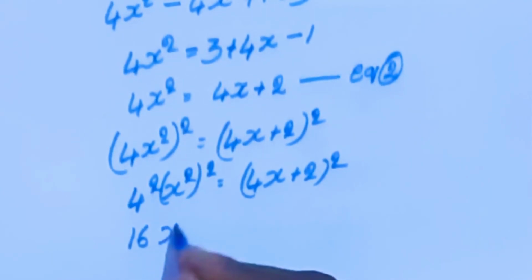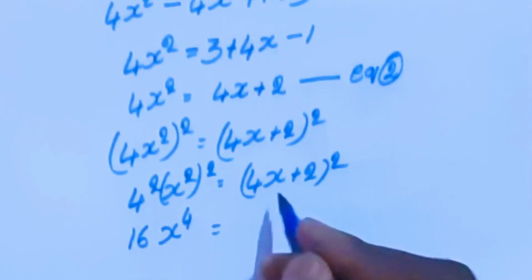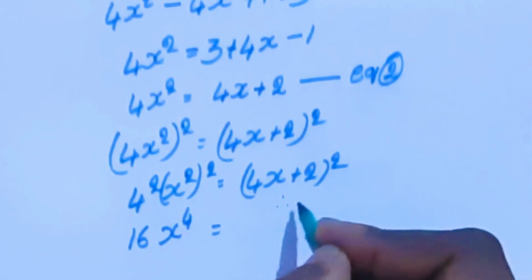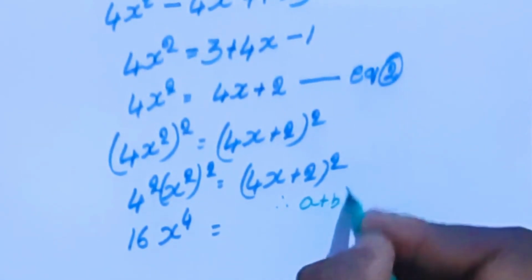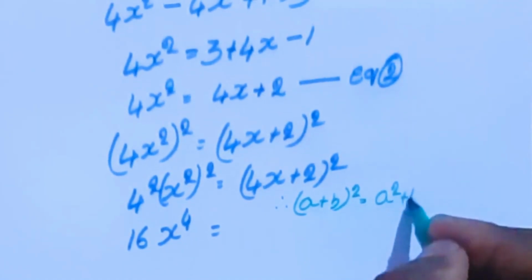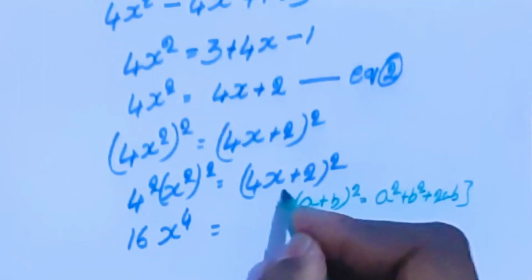Here it is x to the power of 2 times 2, which is 4, equal to, we are going to apply the algebra formula that is (a + b)² = a² + b² + 2ab. This formula we are going to apply here.